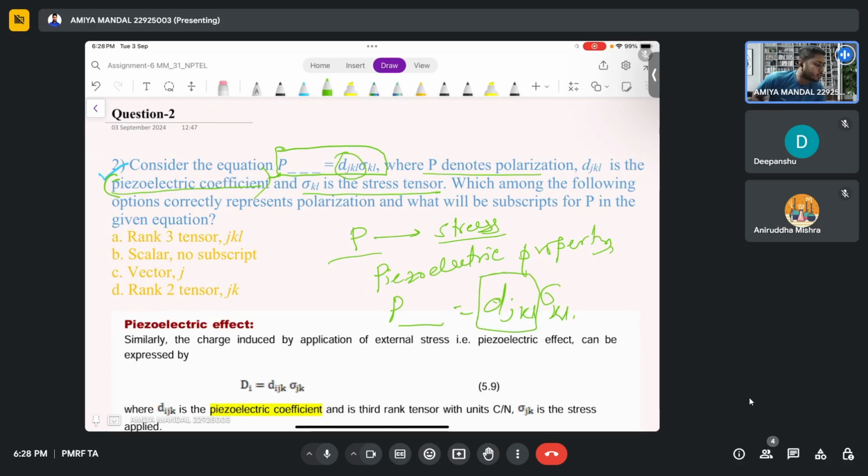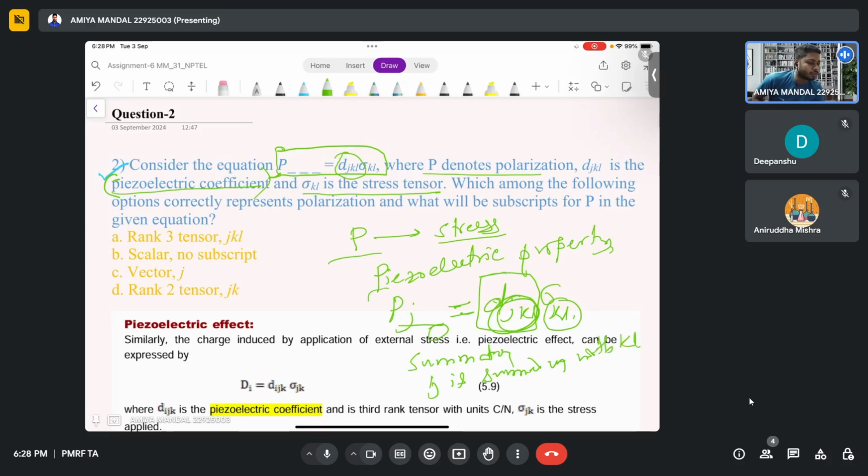As I told you in the previous question, the rank of the proportionality constant should be determined with the summation over two indices, j and k.